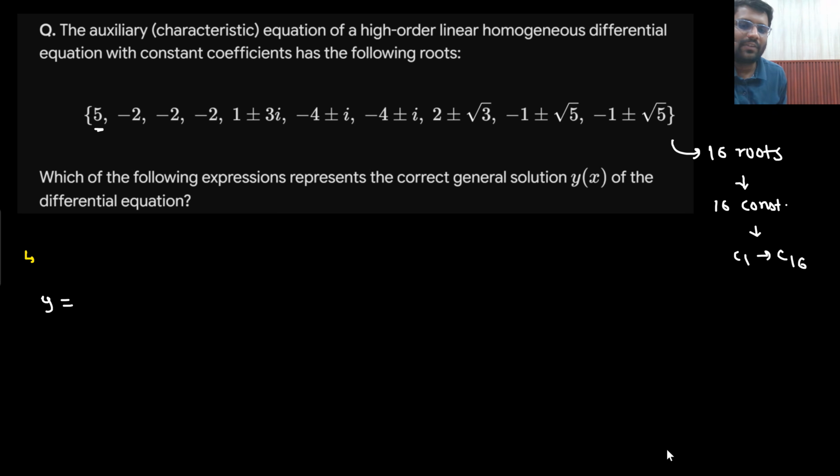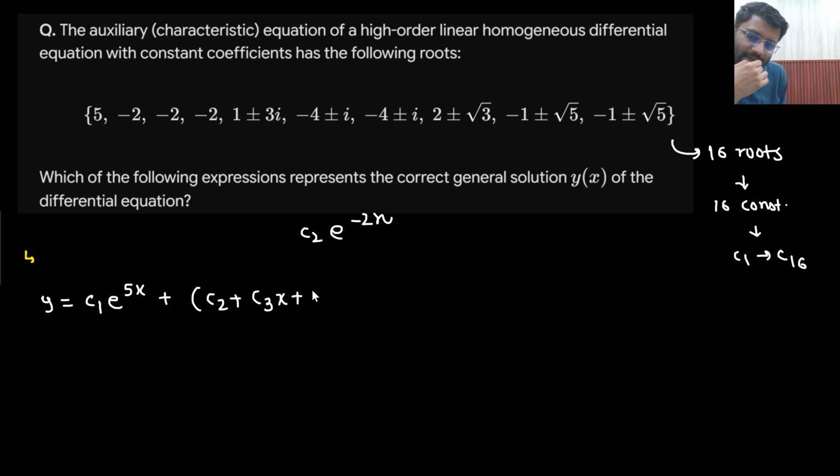With respect to 5, it will say, I am coming alone, C1 e to the power 5x. What will minus 2 say? If I was alone, then it would be written as C2 e to the power minus 2x. But I am coming 3 times. So my constants would be C2, C3x, C4x square, times e to the power minus 2x. Plus, now I will go to 1 plus minus 3 iota. Is it being repeated?